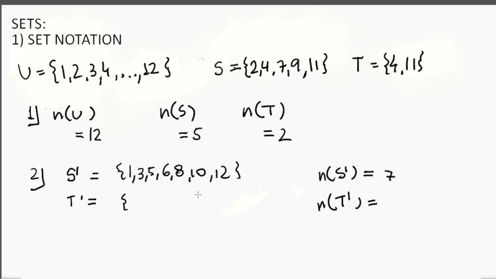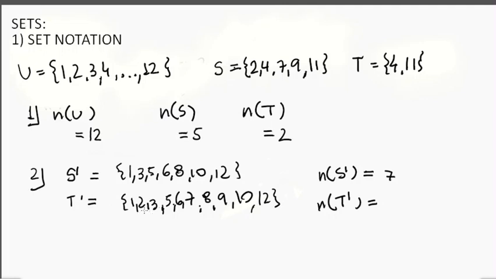Now set T, complement of T, we only have 4 and 11 here. So we're basically going to get all numbers from 1 to 12 except 4 and 11. So it's going to take a while. So 1, 2, 3, 4 is here. So 5, 6, 7, 8, 9, 10, and 12.